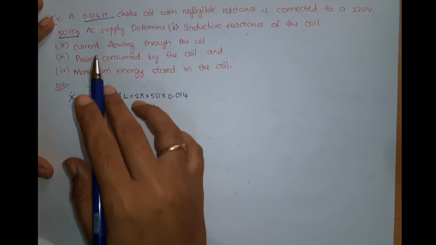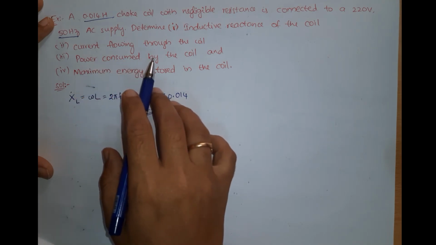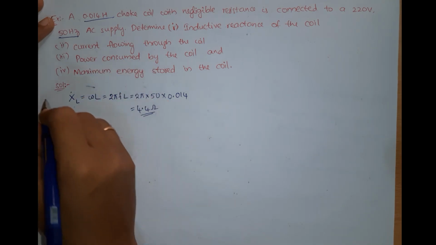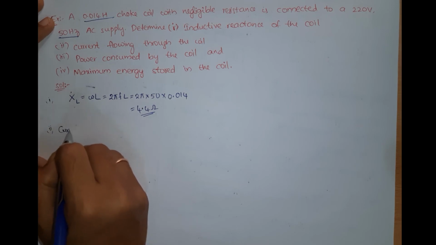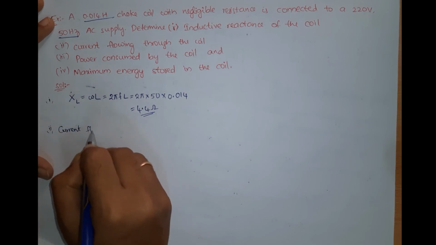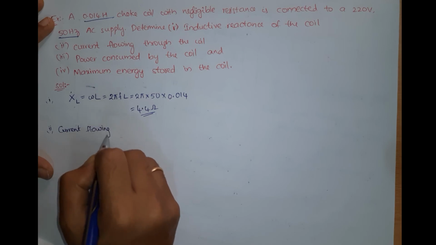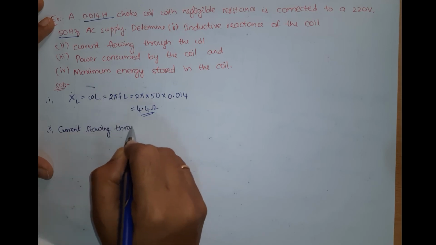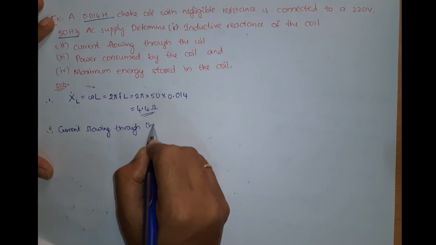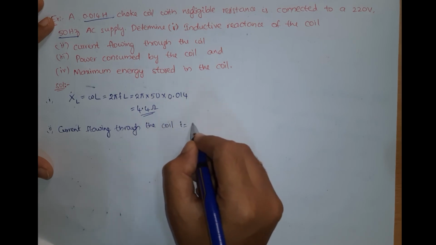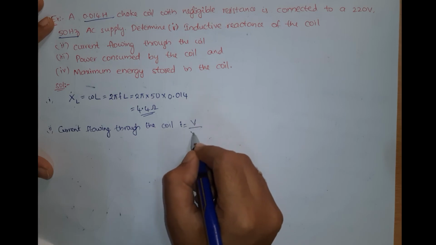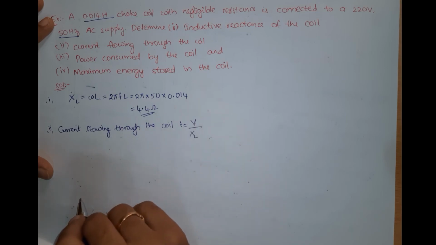So the next one is current flowing through the coil. We have already seen the formula for the current flow. Current flowing through the coil is nothing but I, that is V by XL, right?